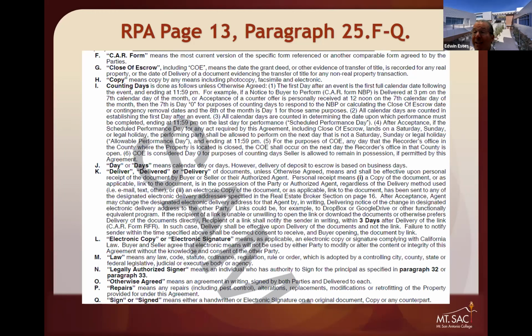So if I'm the agent in the transaction and you want to send me something for my buyer or my seller, all you have to do is email it to me. Now you can email it either in an attachment or by a link. What if I don't like links? Well, if I don't like links, I have 3 days to send it back to you and say, hey, I don't like links, or I can't open your link, or links stink.